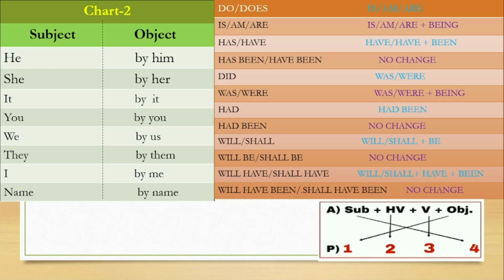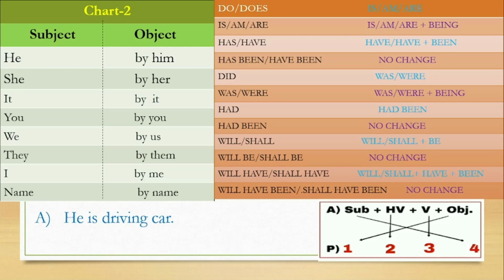You will pick up the object and put it in first position, then the helping verb, then the subject at last. For example, the sentence is: he is driving a car. When we change an active voice sentence to passive voice, we also change the verb form. It will always be in the verb third form.